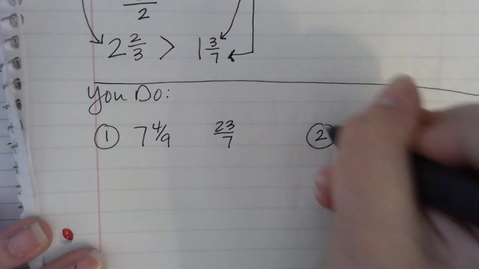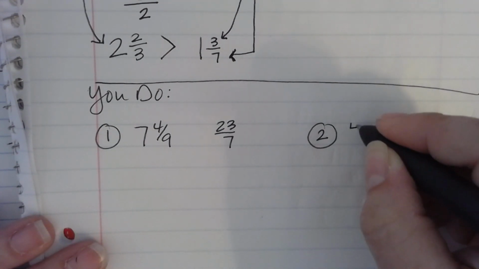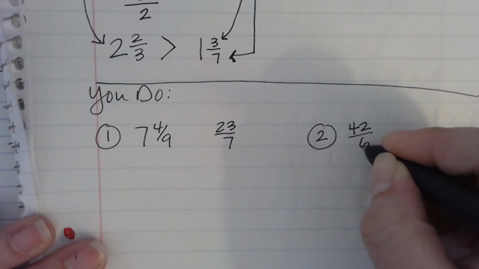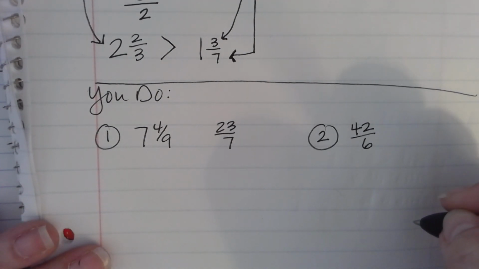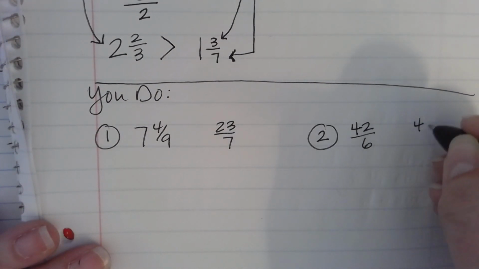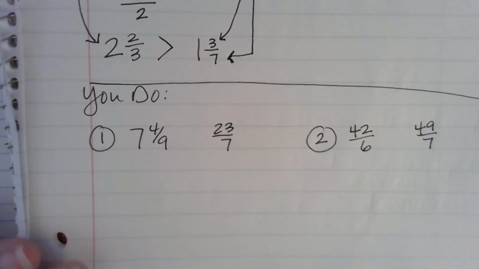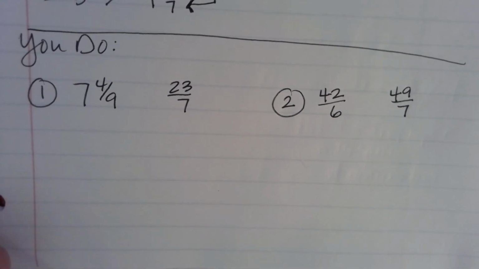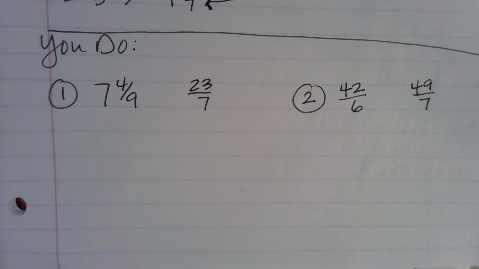And number 2, let's do 42/6 versus 49/7. All right, so take these two, do what you need to do, and we will check your work. So if you're working at home, go ahead and pause and solve these and then hit play. All right, let's keep going.